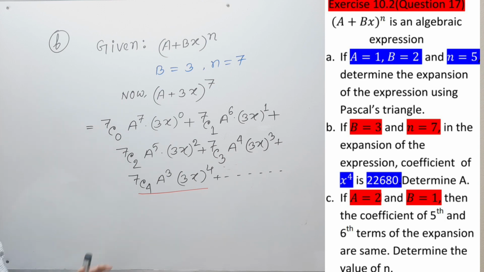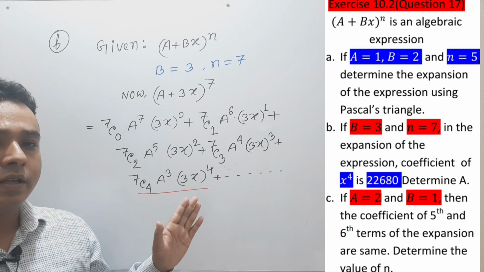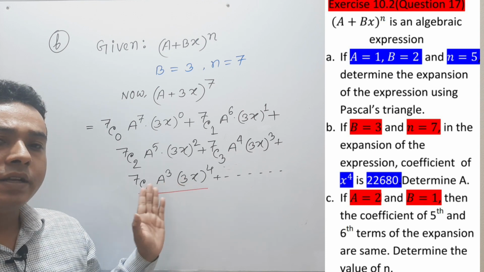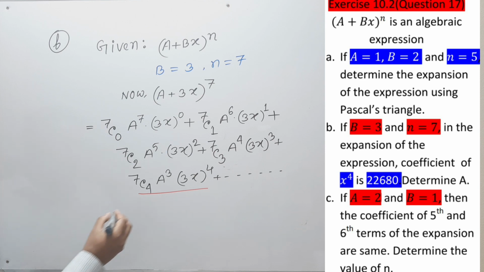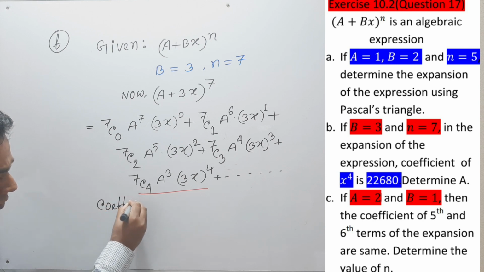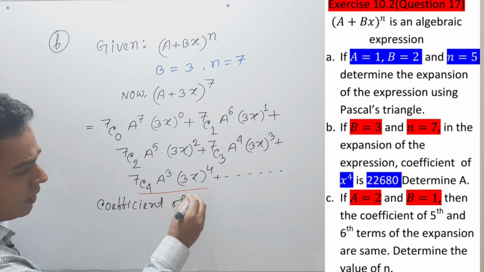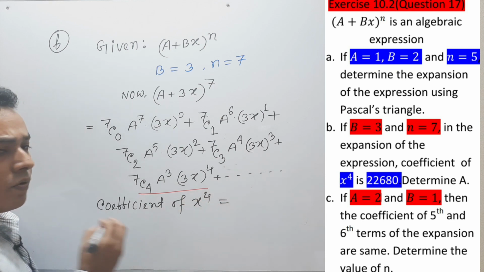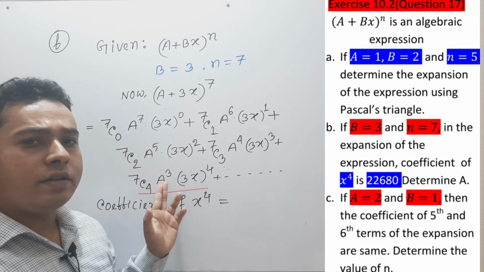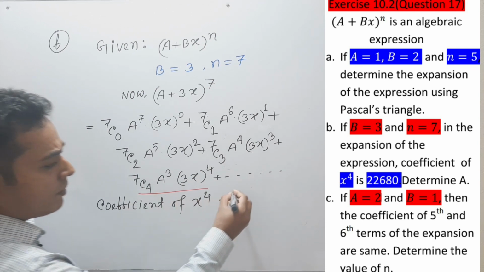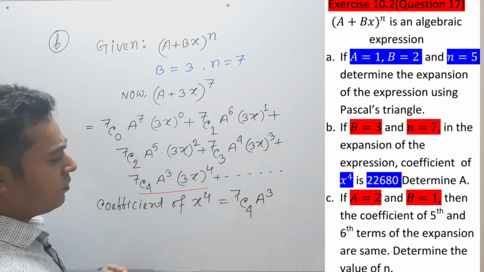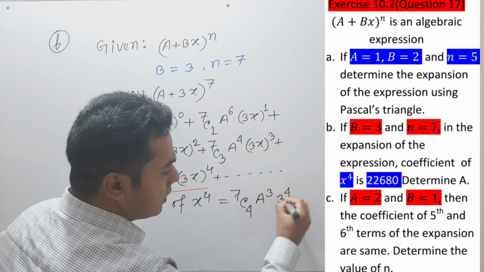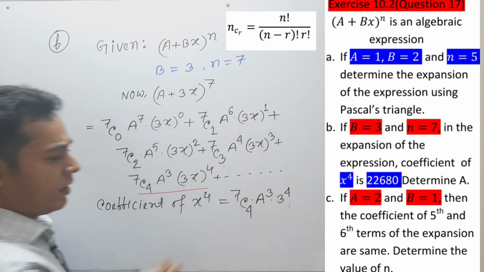The coefficient is the remaining term without the variable x. So it is 7C4 into a cubed into 3 to the power 4.